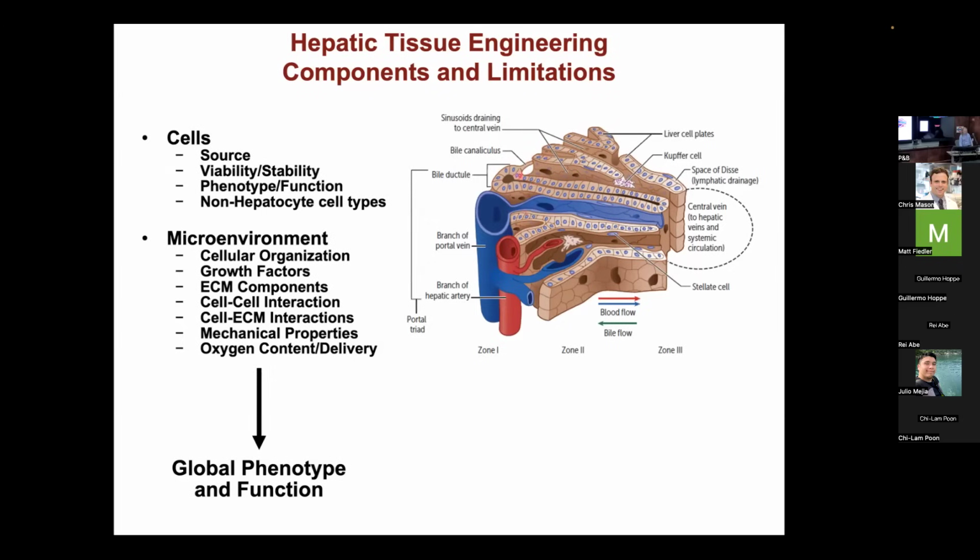If the blood flow is coming this way, going down here, the cells here will express enzyme X, then the next one will express enzyme Y, and the next one will express enzyme Z. So it passes it along. This organization is critical to normal function of the organ. And a lot of this is missed if you're just looking more globally at it.